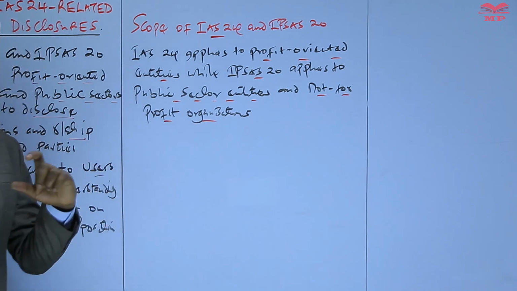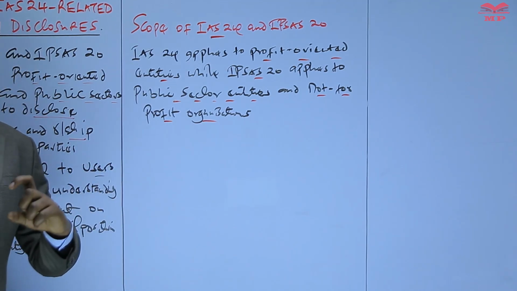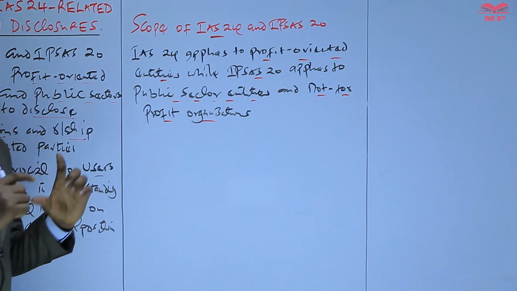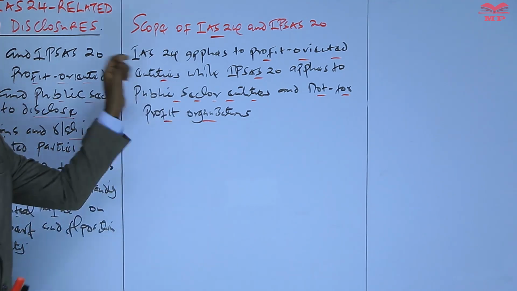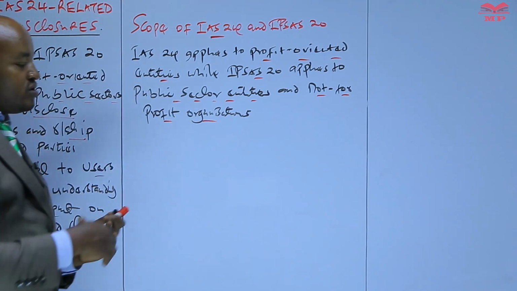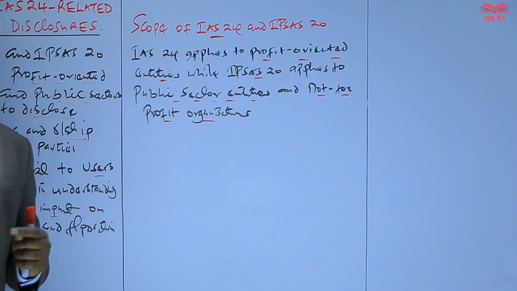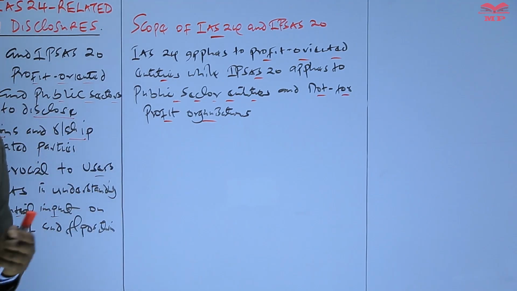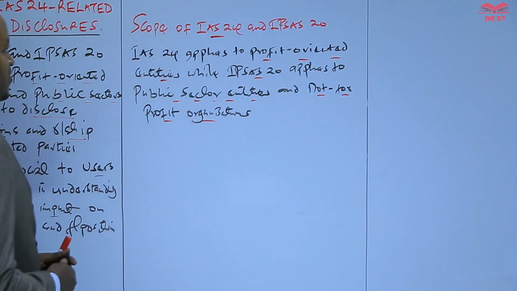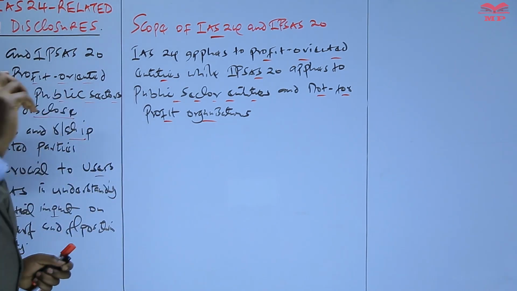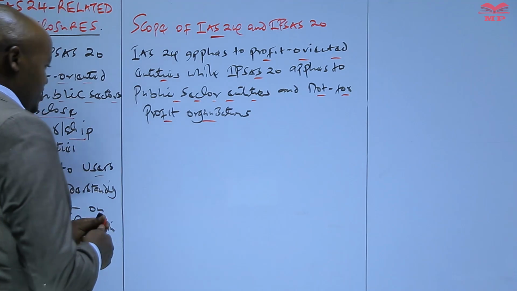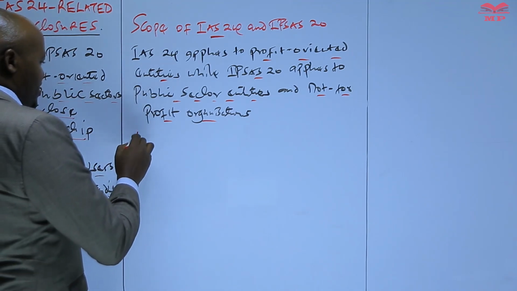But on the other hand, any profit-oriented entity, when preparing the financial statements, is required by IAS 24 to do what? To disclose any transaction with a related party and to disclose its relationship with who? With the related parties. And therefore, we can proceed, and now we define those two terms here. Let's look at the definition of terms.